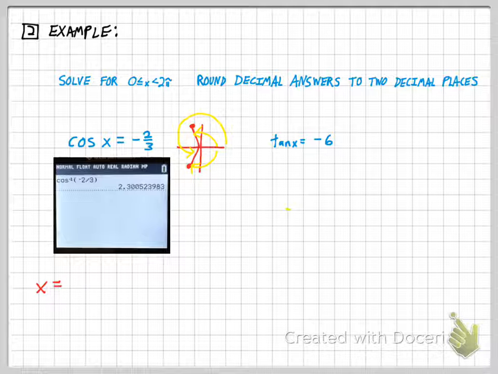But in this case, x is going to either be the second quadrant angle, approximately 2.3, or it's going to be 2 pi minus that. 2 pi minus 2.3 would be that second angle. So when I do that, I get approximately 4.0, is what it turns out to be.